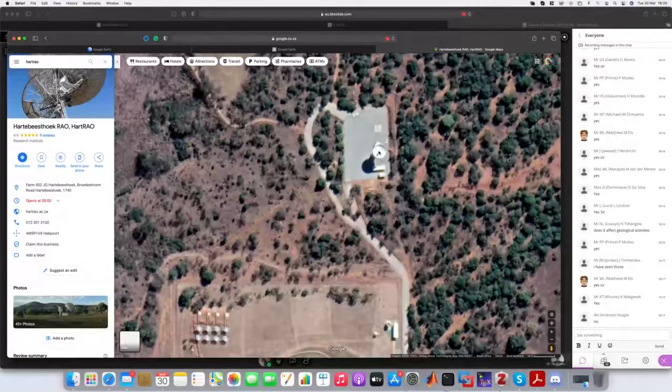VLBI stands for Very Long Baseline Interferometry. That is when a lot of telescopes around the world look at the exact same object at the exact same time, and by doing that you can construct a large virtual telescope that is as big as the distance between the individual telescopes looking at the object.